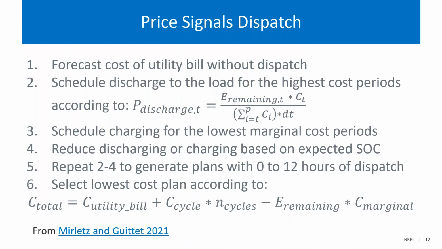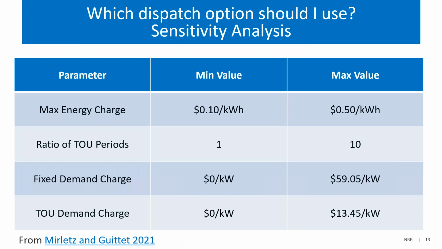To quantify that in more detail, we did a sensitivity analysis as a part of the paper that I did with Therese Guite, in which we took a California utility rate and then varied the maximum energy charge from 10 cents to 50 cents per kilowatt hour, the ratio of the least expensive time of use period to the most expensive time of use period from 1 to 10, the fixed demand charge from $0 per kilowatt to $59 per kilowatt, and the time of use demand charge from 0 to $13.45 per kilowatt.